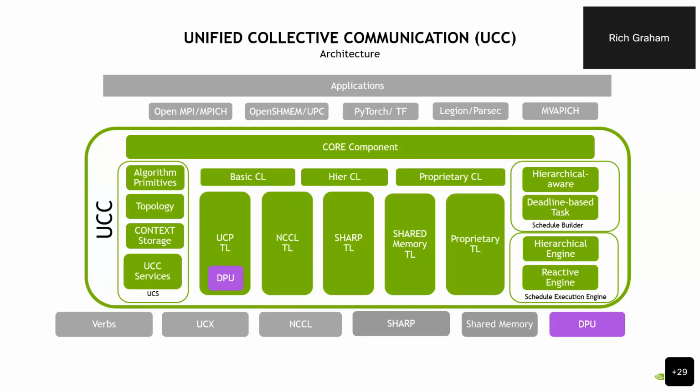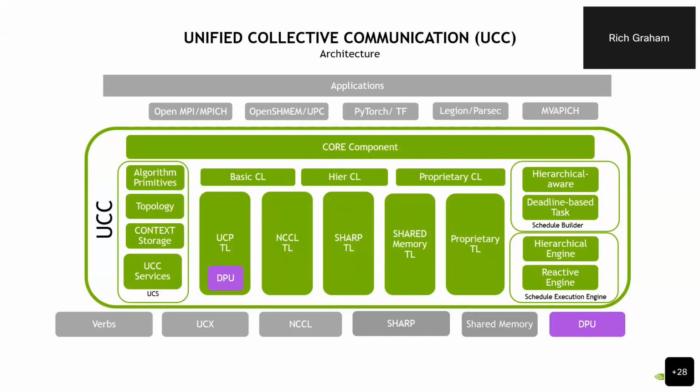So from a UCC architecture perspective, there are core components that are at the top of the stack. UCC also supports, as I said before, several generic capabilities that everyone uses to be able to use this stack. So you have the ability to describe dependencies. This is the box on the left-hand side.